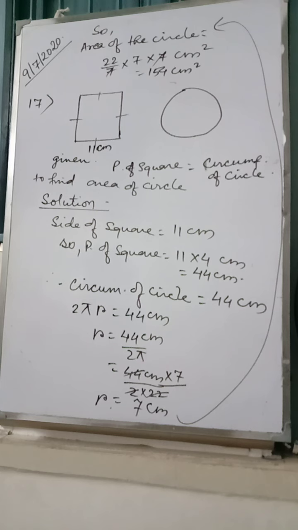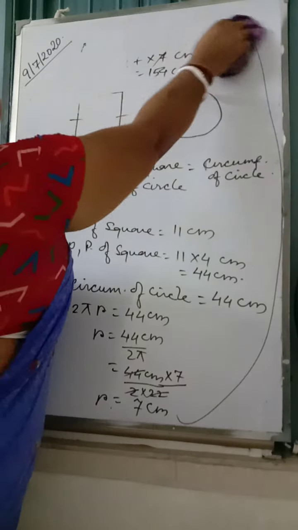Then question number 18, it says the shaded portion in the adjoining figure shows a circular path enclosed by two concentric circles. If the inner circumference of the path is 220 meter and the uniform width of the circular path is 7 meter, find the area of the path. First of all, we'll see this.